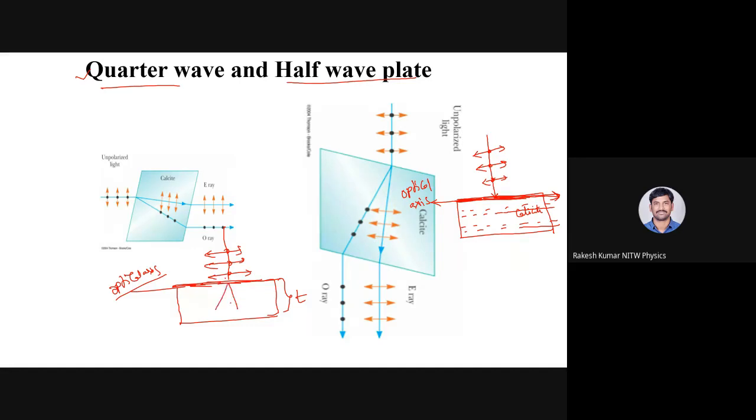Let's say this one is ordinary, one is extraordinary. Now tell me, will they travel the same distance or different distance in a given time? Different. So suppose, for a fixed time, the ordinary travels this much distance and the extraordinary travels only this much distance. Okay, will they have phase difference and path difference?